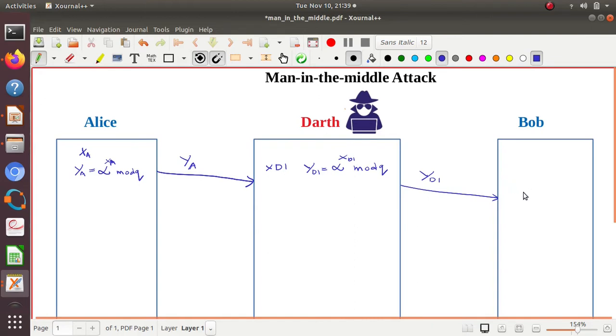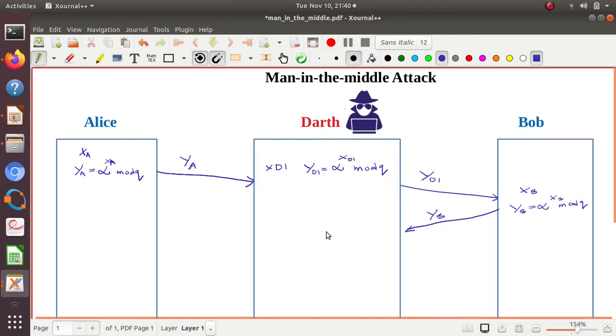Bob will generate a random secret key XB, then compute its public key YB, which is equal to alpha to the power XB mod Q.